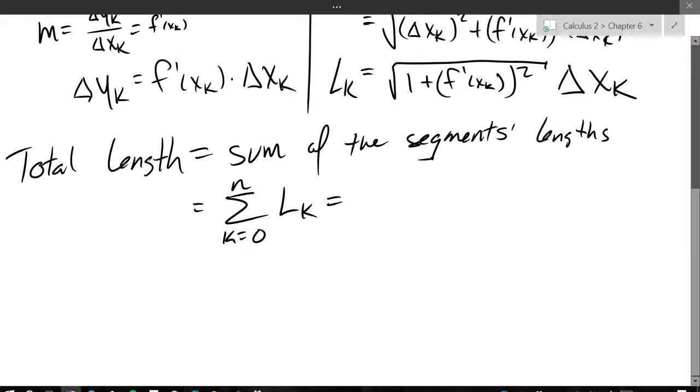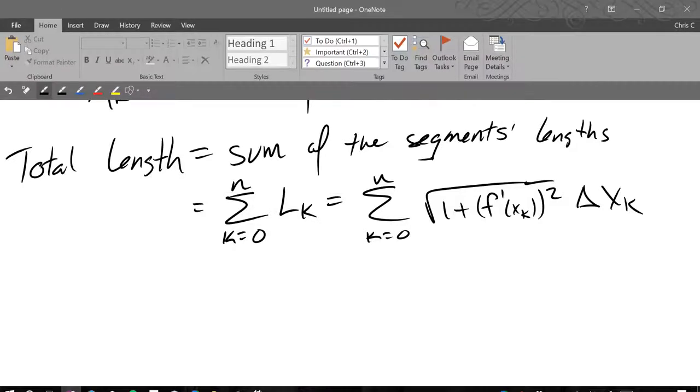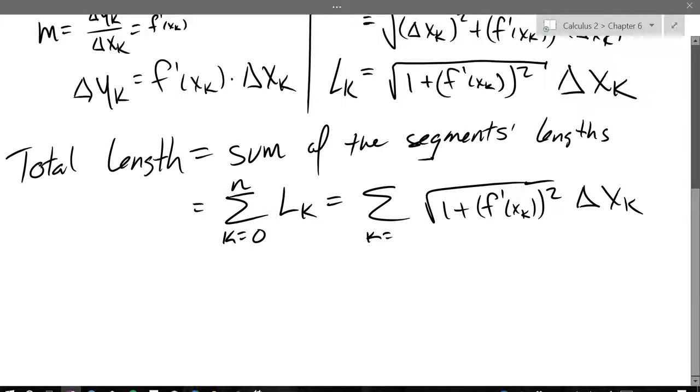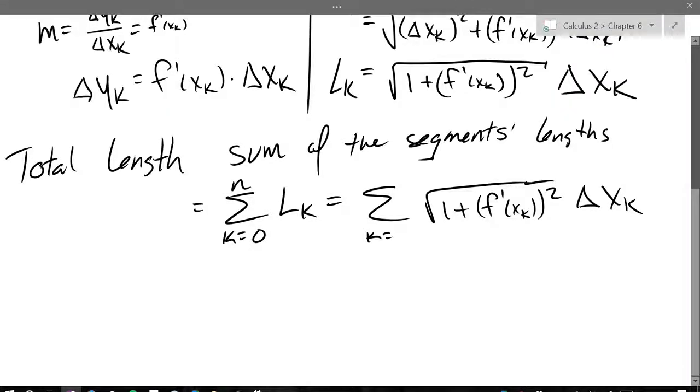And write down the formula for this: summation of square root of 1 plus f prime xk squared times delta xk, k equals 0 to n. This is an approximation, so be careful about writing that approximation, not actually equal. So this is approximately the sum of the line segments.